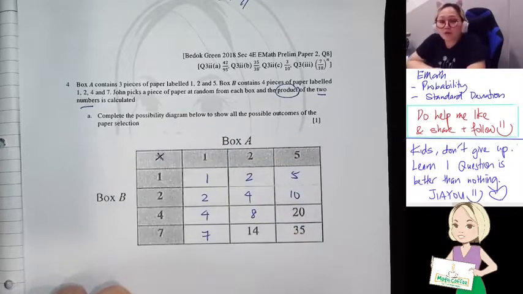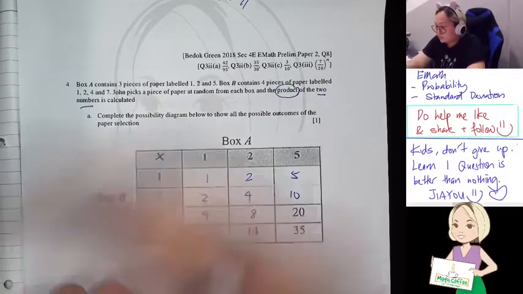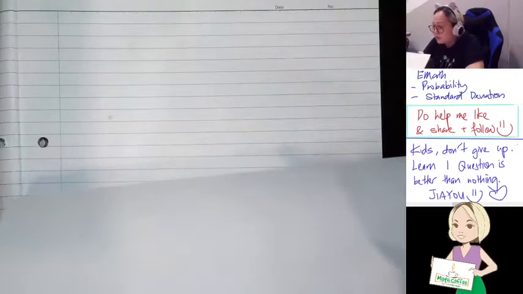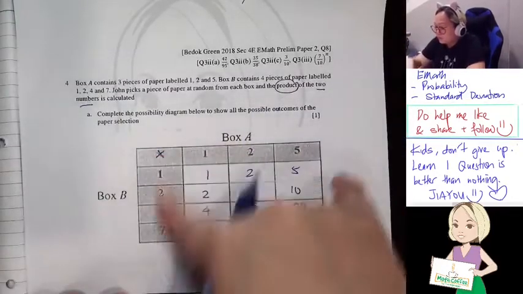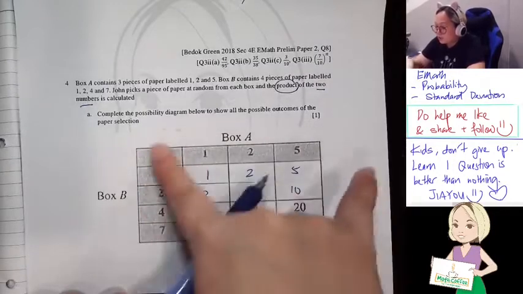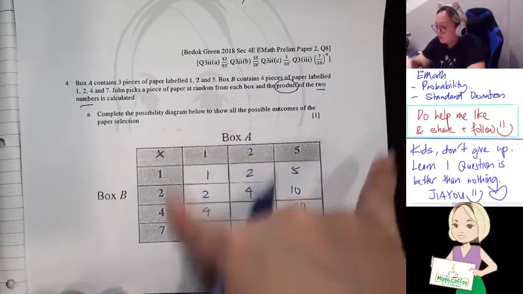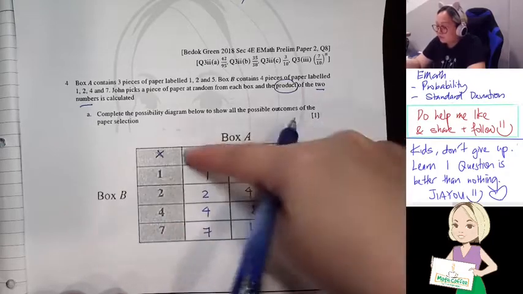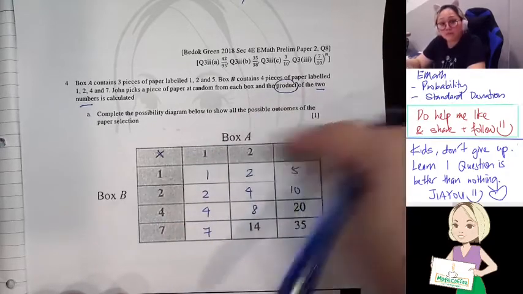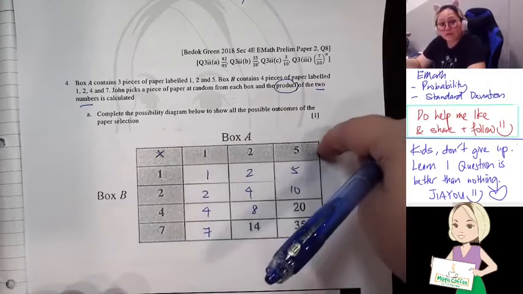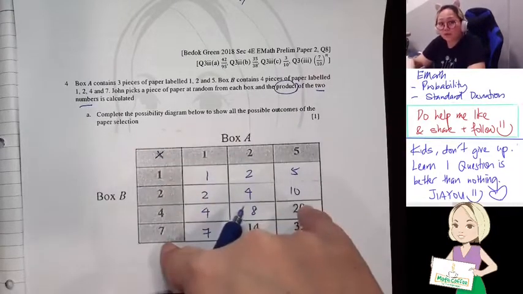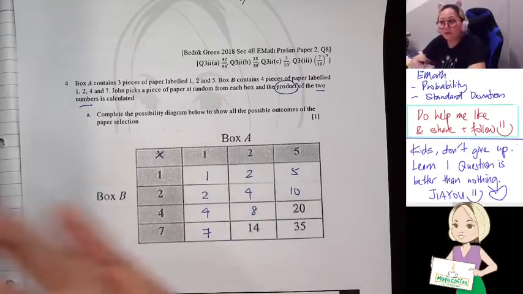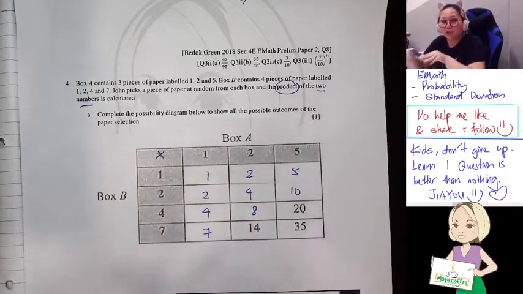Is box diagram or tree diagram more effective when doing questions? Usually, one thing about this is you have to have different possibilities from each box. It's different, you see, it's 1, 2, 5. Like box A, you have 3 papers, box B, you have 4 papers. So you want to know, okay, box A, if I take 1 first, and then after that the mixture, the different outcomes.